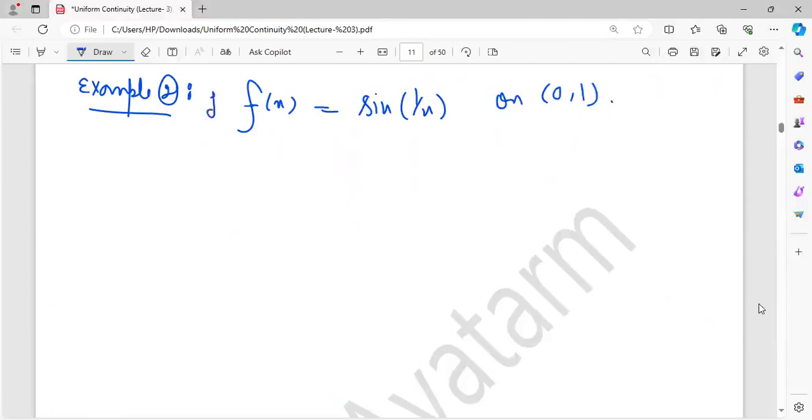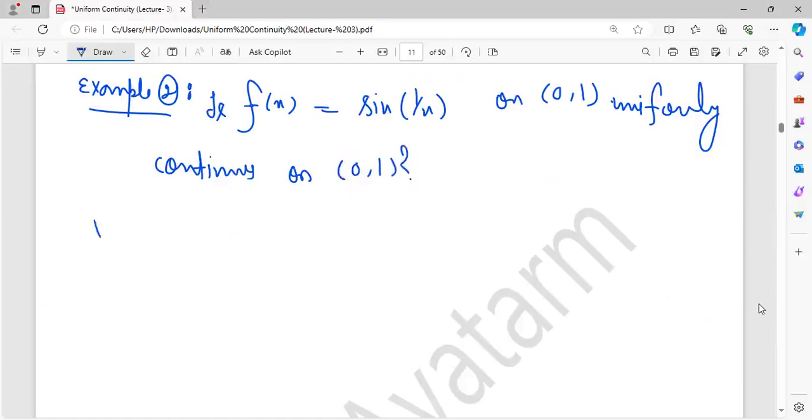Is this function uniformly continuous on 0, 1 or not? What will be your answer?